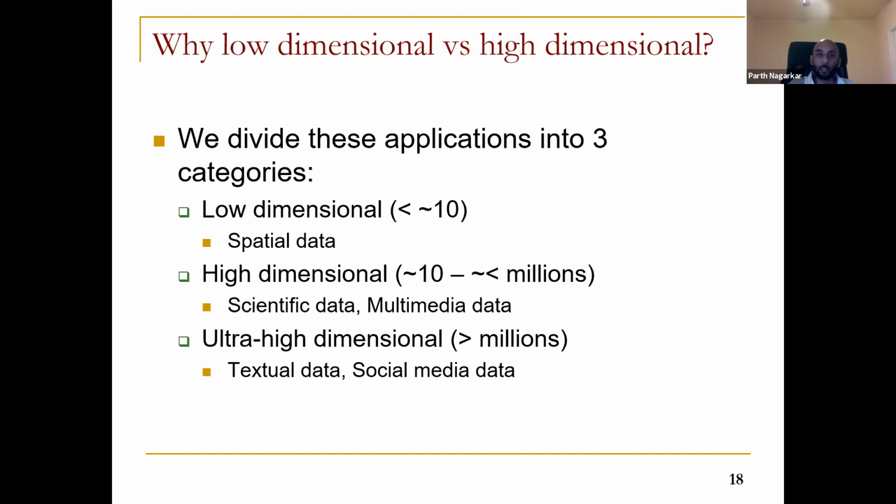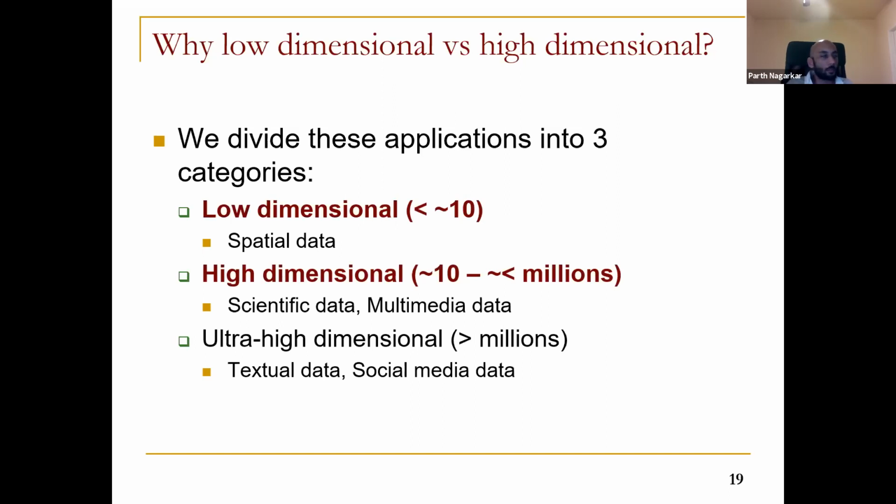So in this tutorial, we are going to focus on low dimensional data sets and high dimensional data sets. And we leave ultra high dimensional aside; there is research done on ultra high dimensional, but not as much as on these low dimensional and high dimensional techniques.